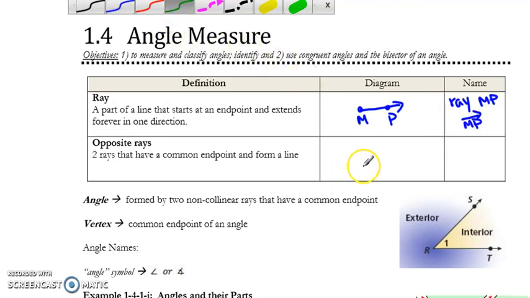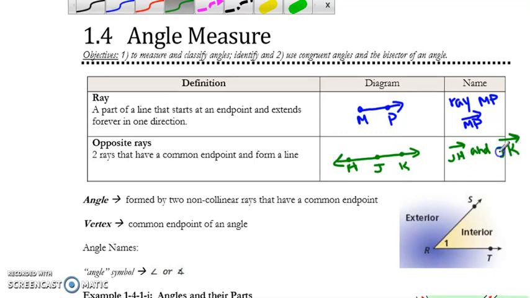Now we do have something called opposite rays, so that's where they have a meeting point in the middle, and that is going one direction this way and the other direction this way. And I'm going to go ahead and put H here and K here, and I'm going to go ahead and name these JH and JK.